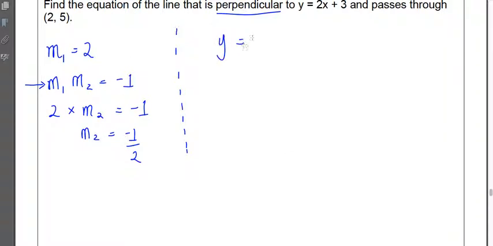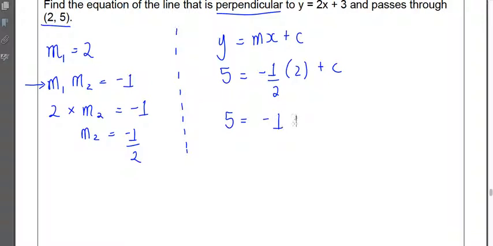I know it must pass through this particular point over here, 2, 5. So substitute those values in so that I can solve for C, because I need that as well to be able to write out the rule. I've got my M value, I need my C value. Solving for this one here, you can just use solve on your calculator if you want to.